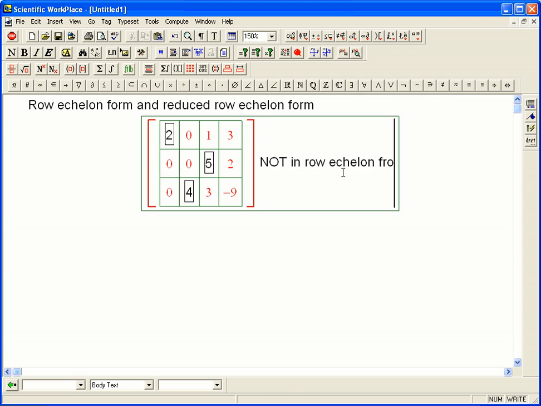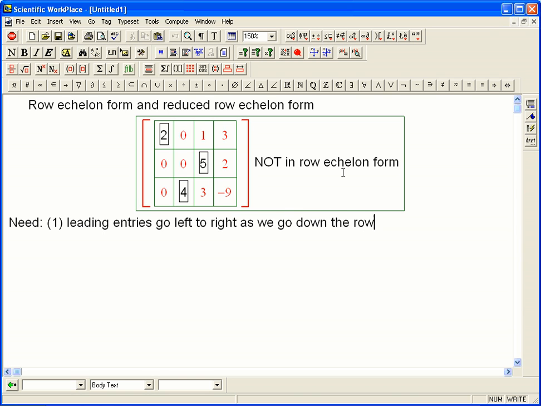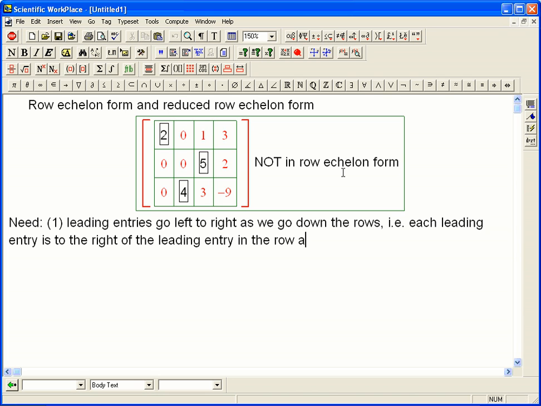One of the conditions for row echelon form is that the leading entries go left to right as we go down the rows. Or, a more precise way to say it, the way the book says it: each leading entry is to the right of the leading entry in the row above.